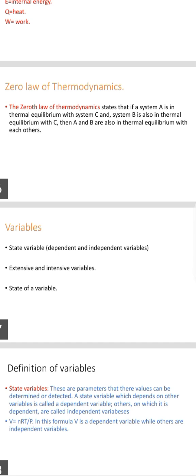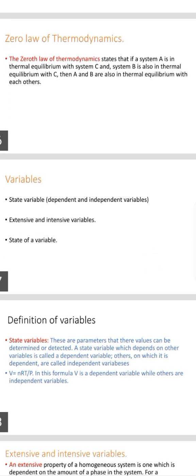So if A is in thermal equilibrium with C and B is also in thermal equilibrium with C, then A and B are also in thermal equilibrium with each other. If you want to remember this law, don't just cram it. Just draw an equilateral triangle, put ABC, then relate it. You will see that the law will just flow.